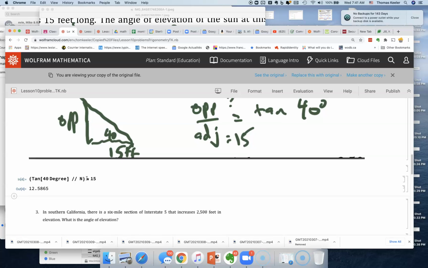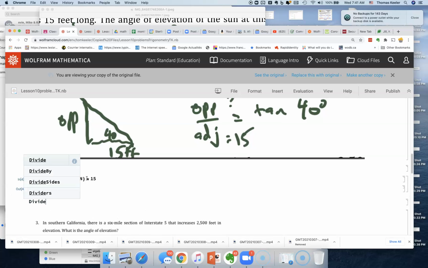So then you divide, and let's see if there's a divide. Notice how there is a divide function. So we say, well, what do we want to divide? We want to divide 12.5865, and we want to divide that by, and so then we can just use the commas.